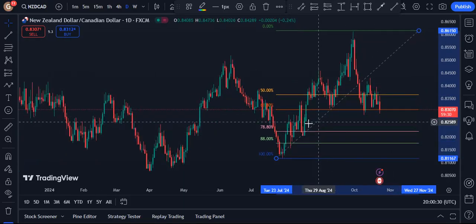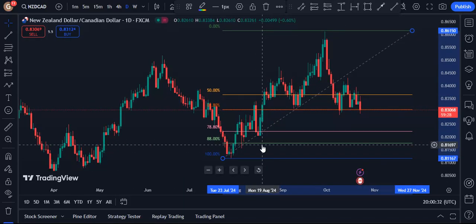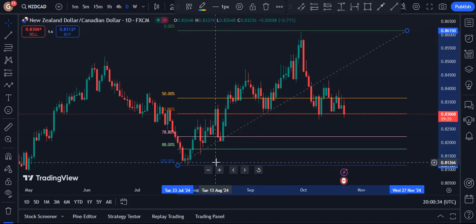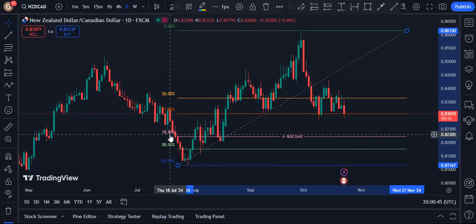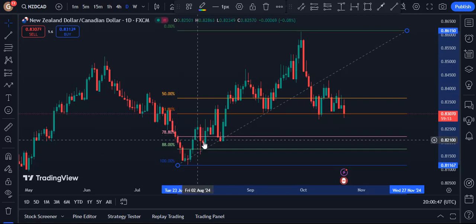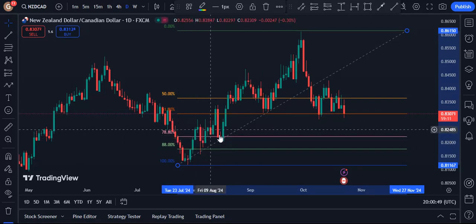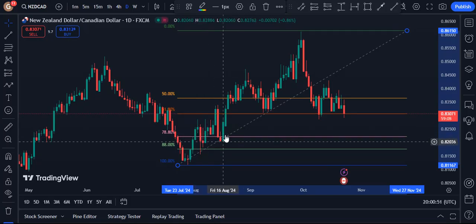And we can see the Fibonacci levels. When you're trading with the Fibonacci retracement tool, with this strategy, you are looking at entering the zone that is the 78.8% retracement. So we want price to come down to this level on the fib before we can look for a setup, or we can look to buy.